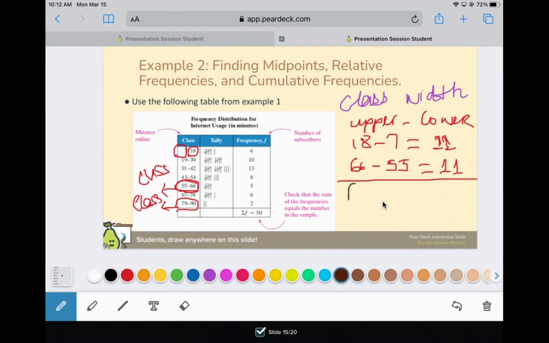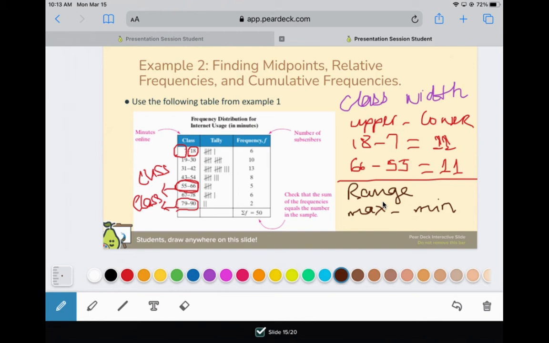Okay, we can look for the range. The range is different than the class width. The range is going to be the maximum values minus the minimum values. So now we need to go back and identify the highest values in this data and the lowest values.